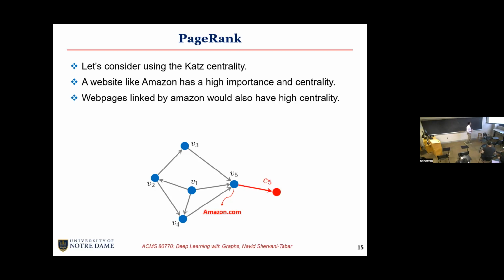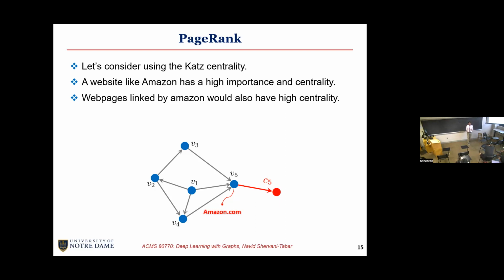Now let's say that I have a store and I have a web page for that store. It's selling some stuff and Amazon has linked me. So based off of this link from Amazon, I'm going to get the importance that Amazon has. So I'm also as important as Amazon.